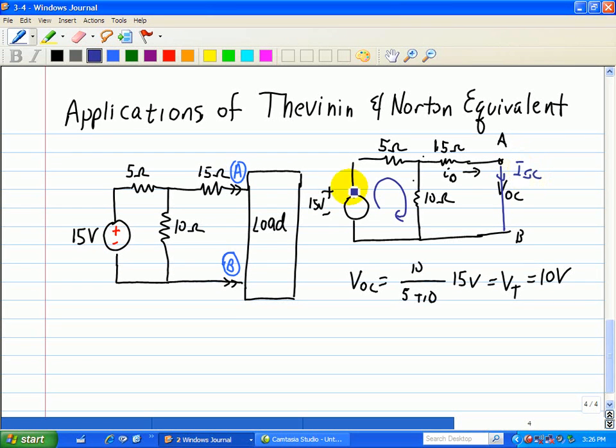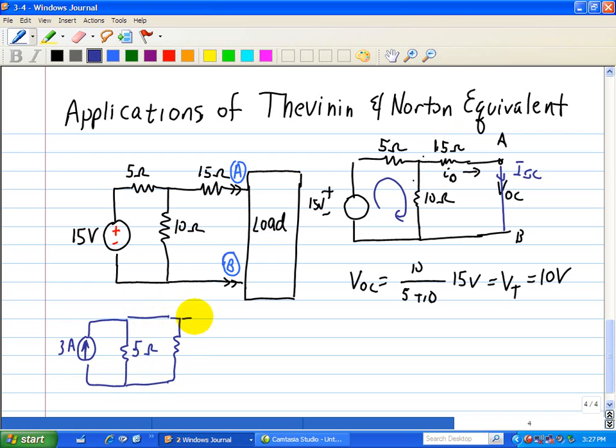With the short circuit current, we see that this 15 volts can be replaced by a source transformation of 15 divided by 5, that's 3 amps, and then we have the resistor in parallel of 5 ohms.